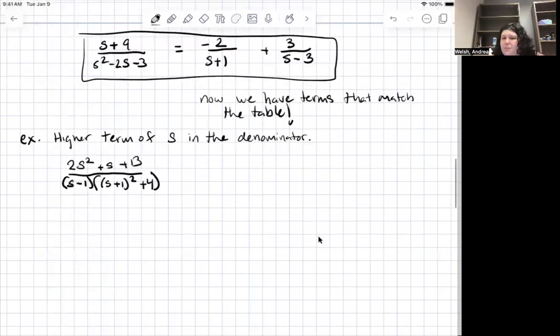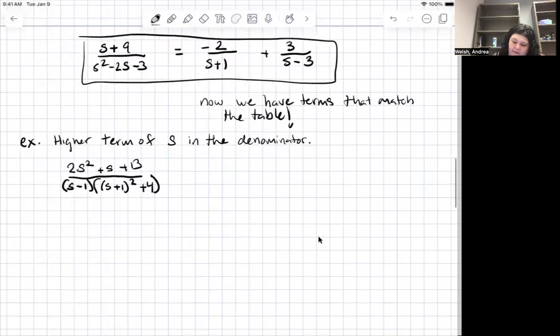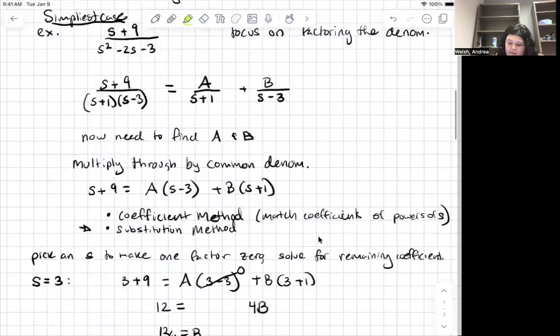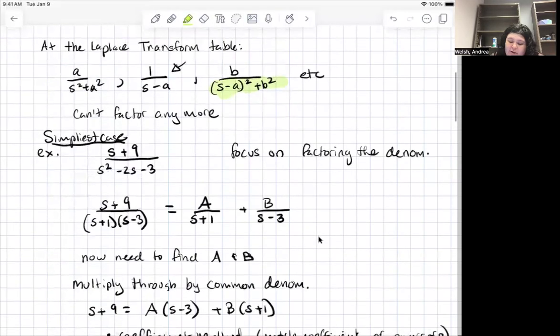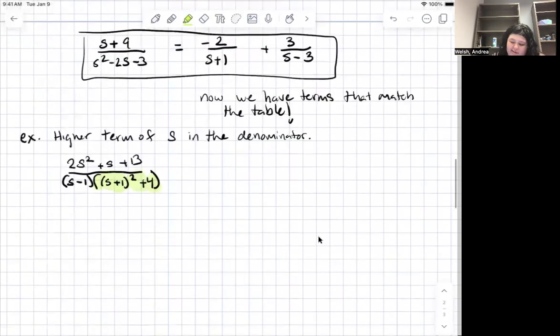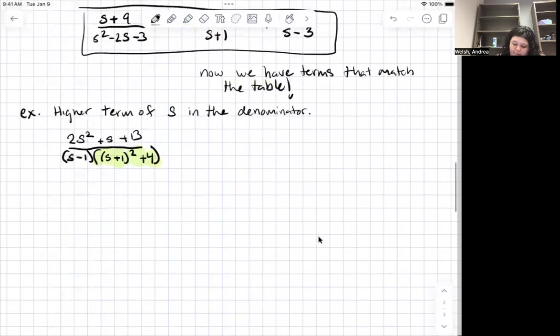Now it's factored specifically that way because this matches something in my table up here. So that's the reason why it's factored specifically like this, but you might not see it that way. I'll post another video about how to get it in that form. But you could see something like s squared plus 2s plus 5.